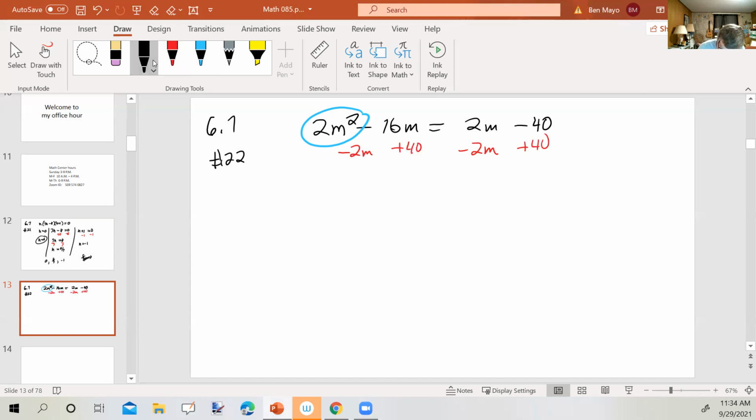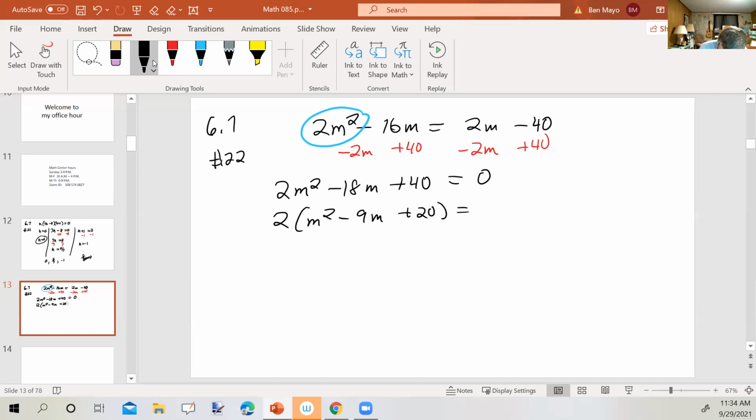Now, on the left side of the equation, I have the following: 2m squared minus 16m minus 2 more m is minus 18m plus 40 equals 0. All right. So I've got a trinomial set equal to 0. The trinomial's in standard form. There is a greatest common factor of a 2, which I will factor out.